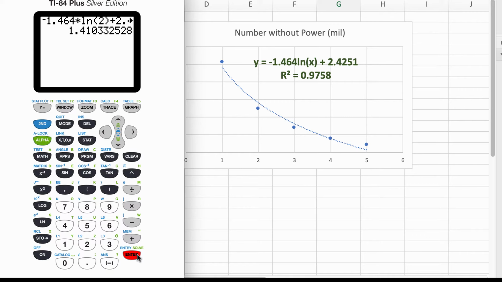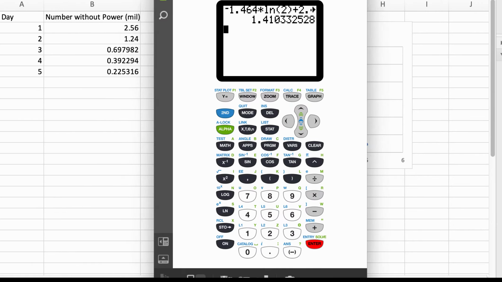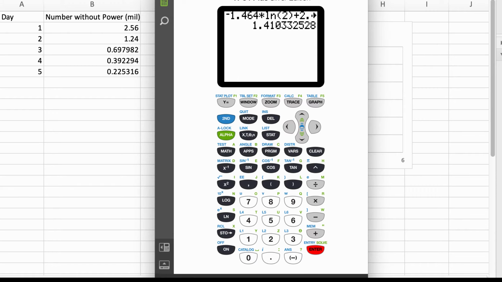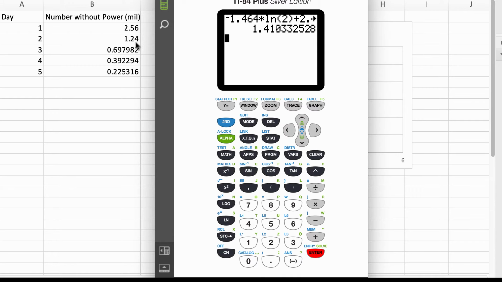So on day 2, they're approximating 1.410, so about 1,410,000 people have no power. So on day 2 in my table here, I have 1.24. So again, not a super close approximation. It's off by about 200,000 people, but not terrible.